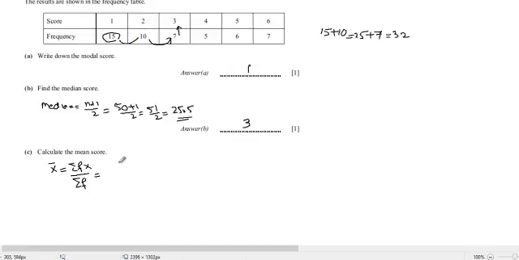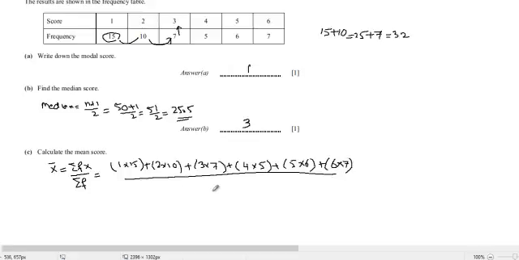So 1 multiplied by 15 plus 2 multiplied by 10 plus 3 multiplied by 7 plus 4 multiplied by 5 plus 5 multiplied by 6, then plus 6 multiplied by 7, divided by the total frequency, which in this case is 50. If you add all these, you will get 148.